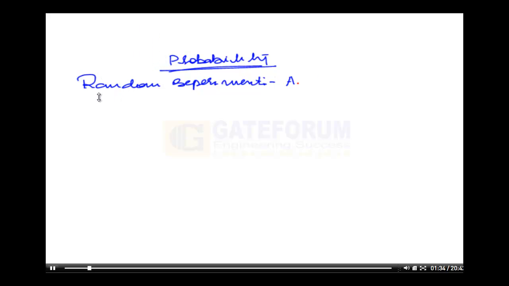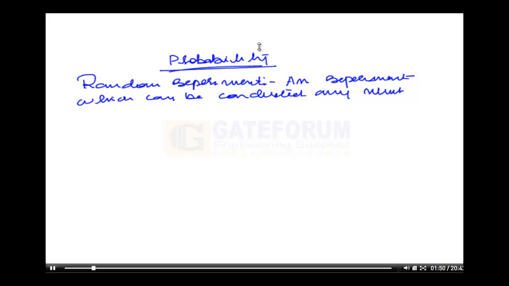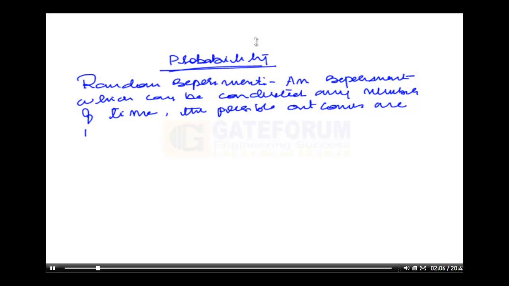An experiment which can be conducted any number of times, the possible outcomes are known, but the exact result cannot be predicted.